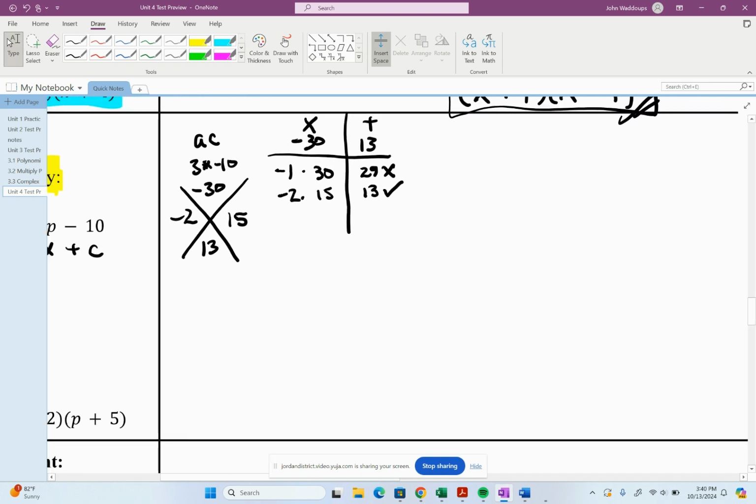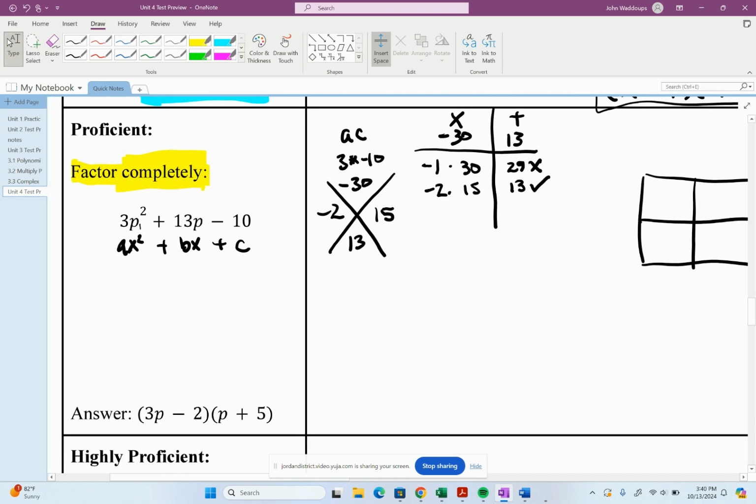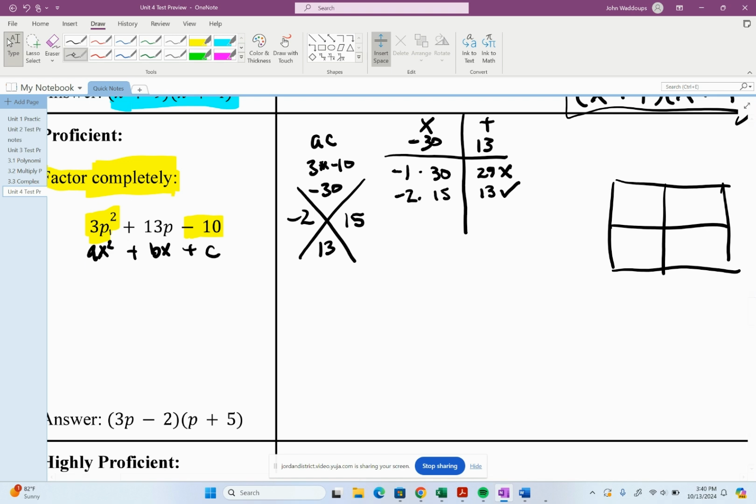Once again, I'm going to use a box. So I'm going to take my first term and my last term, 3p squared, put it there, and negative 10, put it there. So my first term in the first box, and my last term, negative 10, in my last box.